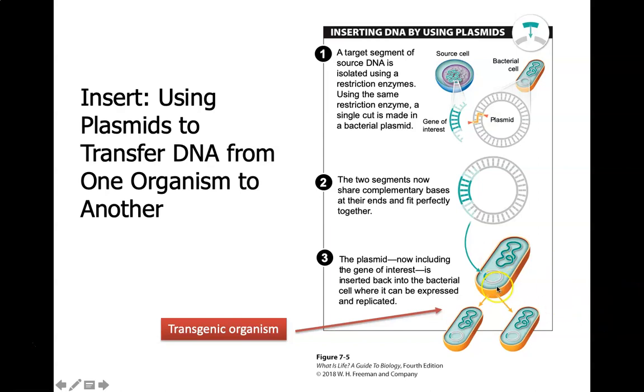So at the end of all of this, we have produced a transgenic organism. What this means, trans means different, genic means genetic information. So this means this organism has genetic information from another organism. So it's got both its own genetic information plus this new bit that we have put in.